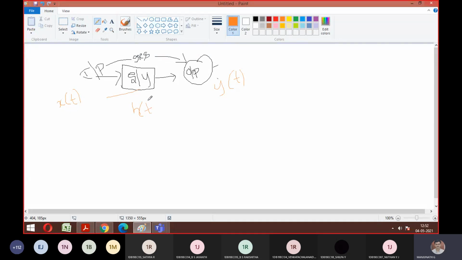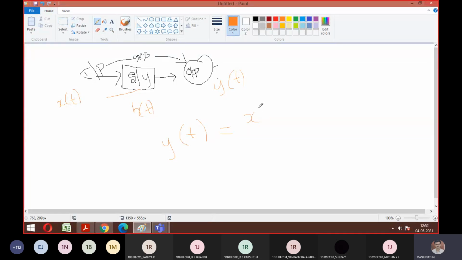So what is y of t, guys? Is it a combination of your input output, or is a combination of input and response of that system? What is y of t I can call? Response combination, sir. Good. So we can tell the mixture of, or we can tell in general a technical word, convolution.